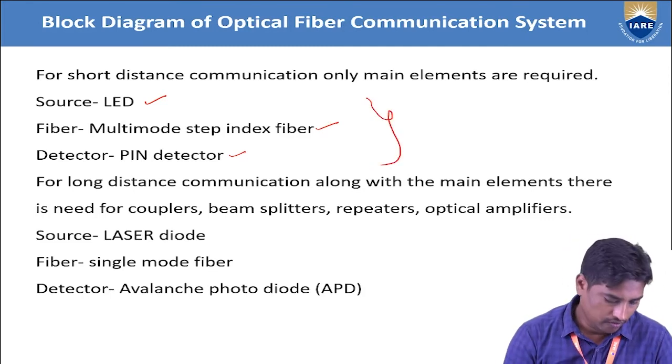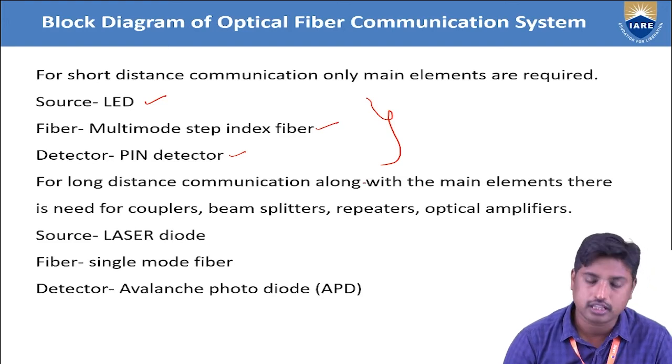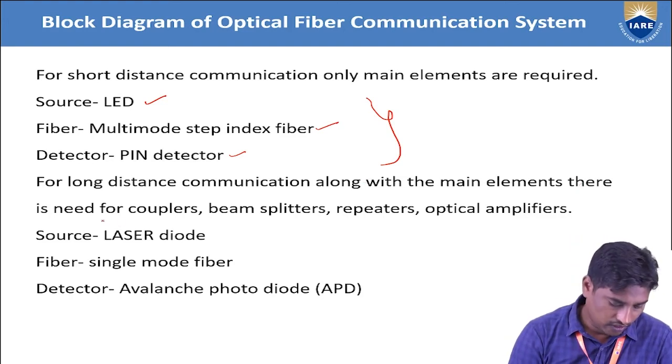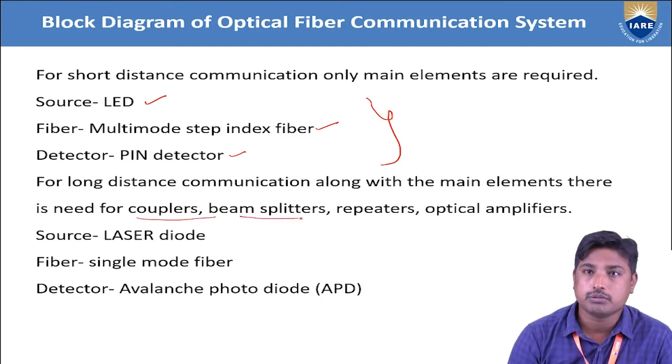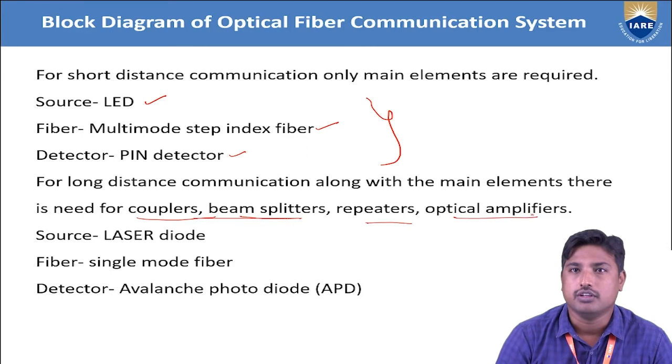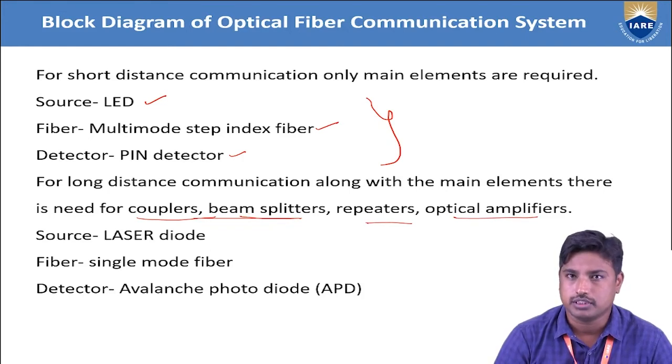At the same time, for the longer distance communication, along with the three main elements, we are using coupler, beam splitter, repeaters and optical amplifiers. Because of the longer distance traveled by the light rays, some signals are lost due to scattering or absorption.